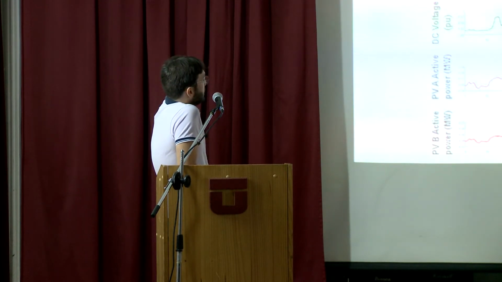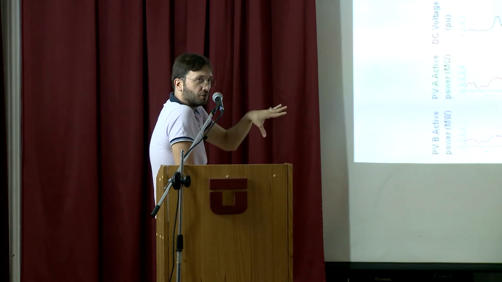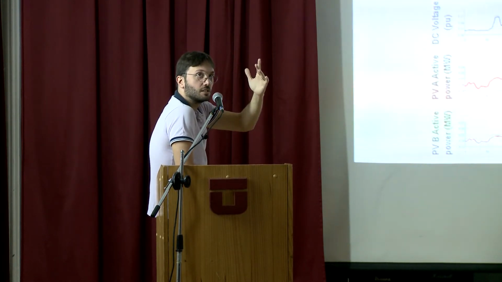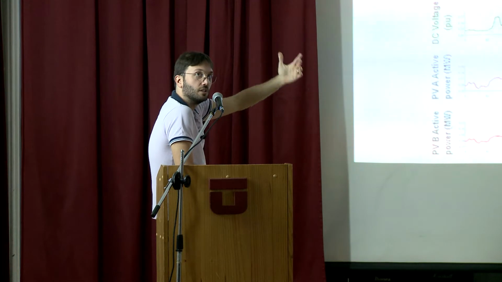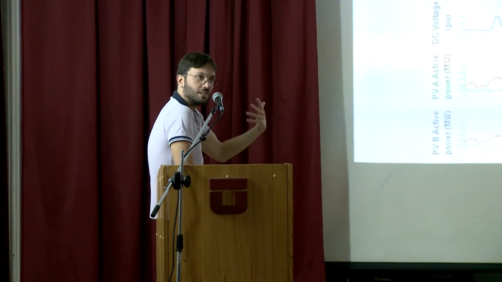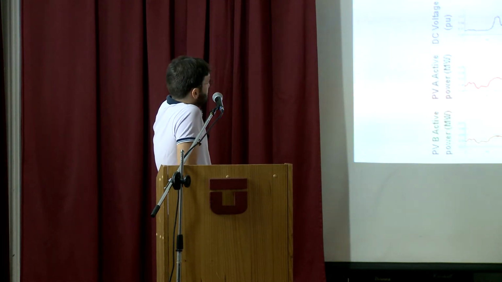So the simulation is we are at the edge of the reverse power flow. If the power increases a bit, the DC link voltage increases a bit, triggering the change in the frequency. So this is like the sequence. Power goes up, DC voltage goes up, frequency goes up.